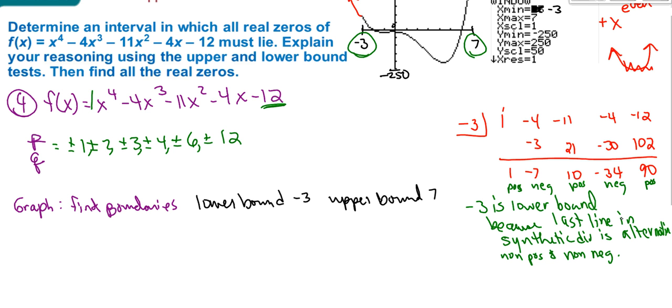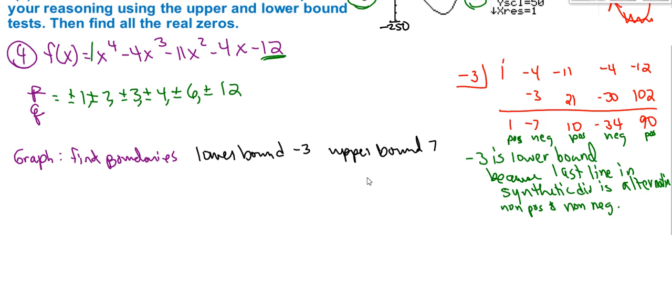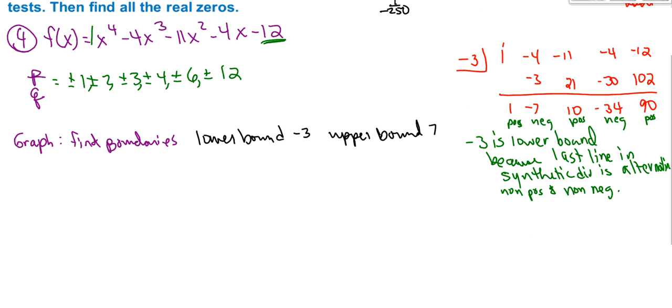Let's check that 7 is the upper bound. It looks like it's going steeper there, so maybe that's not too far-fetched in our minds, but we'll still show that as we go. So let's do 7: 1, -4, -11, -4, -12. For this one, we bring down the 1.